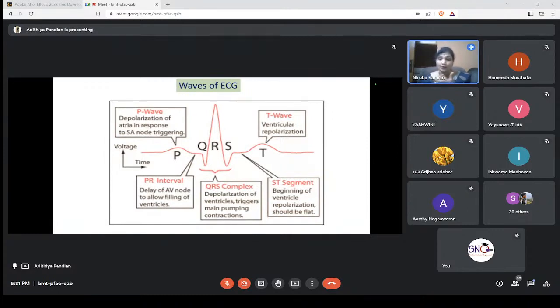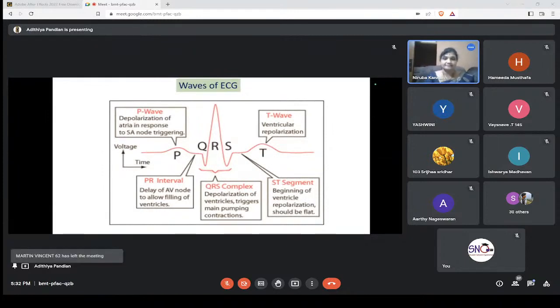It is a little bit prolonged. What does it indicate? Depolarization of the ventricle is quicker than the repolarization. Repolarization takes time, so the T wave is prolonged, but QRS depolarization is shorter. You can see the T wave is a little bit longer than the QRS duration.